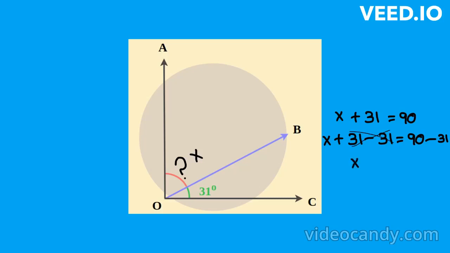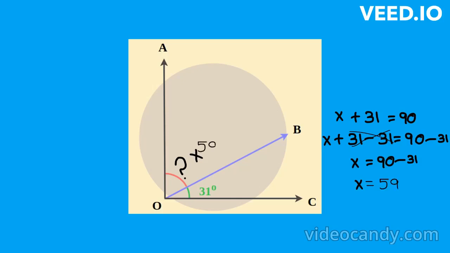So x equals 90 minus 31. So that comes to 59 degrees. So we found out what this angle is.